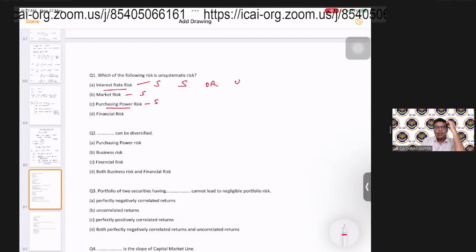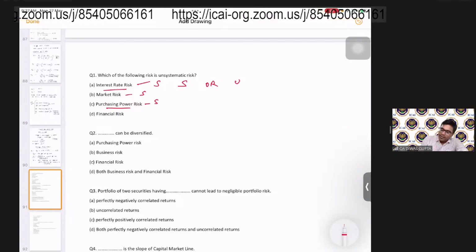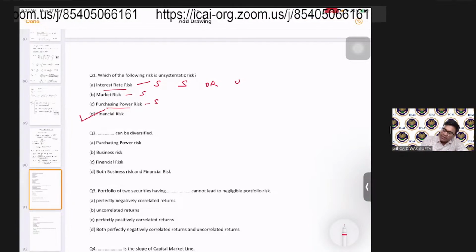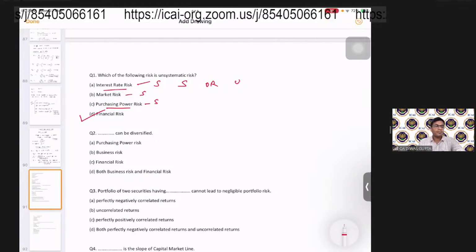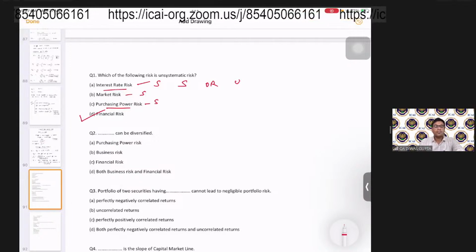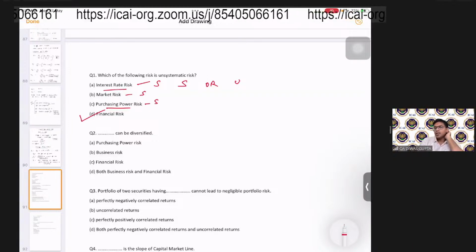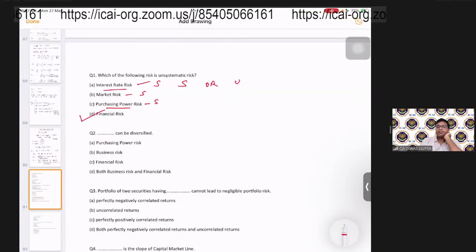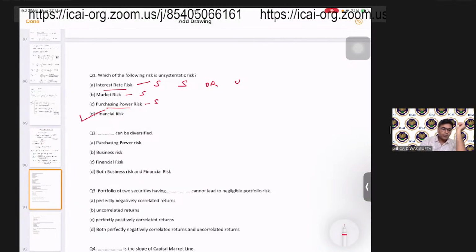Inflation will impact all the companies, not only a specific company. And financial risk was an unsystematic risk. I hope I'm clear. So the right answer to question number 1 is D.